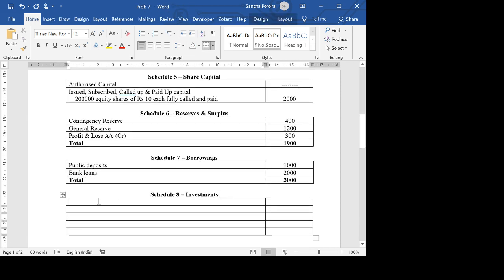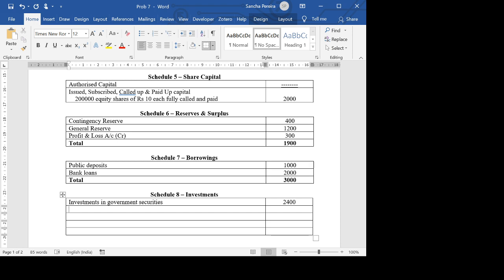First, we'll just mention what investments have been given to us. They have investments in government securities, which is 2,400.